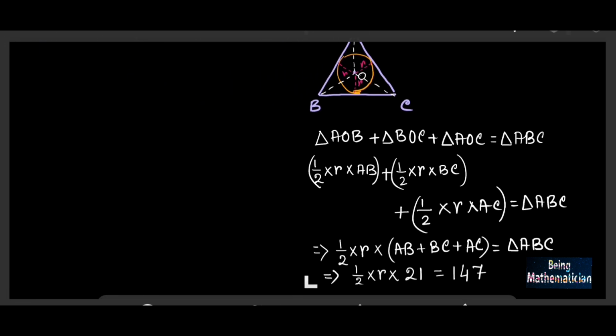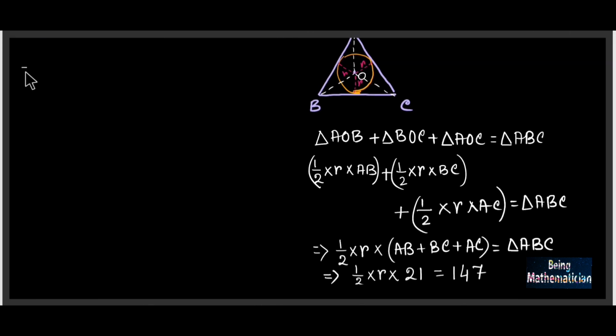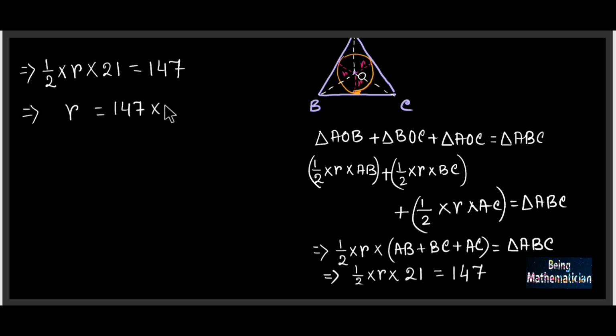Now let's calculate the equation to find the inradius. 21 R is 147, and now R is 147 into 2 by 21. So 21 sevens are 147. Therefore, R must be 14 centimeter.